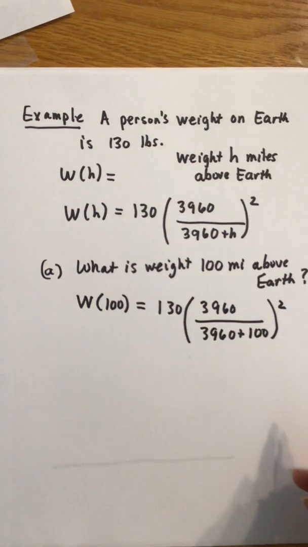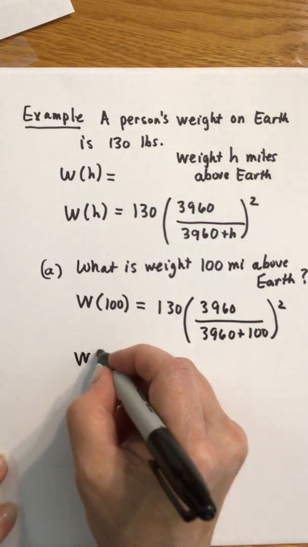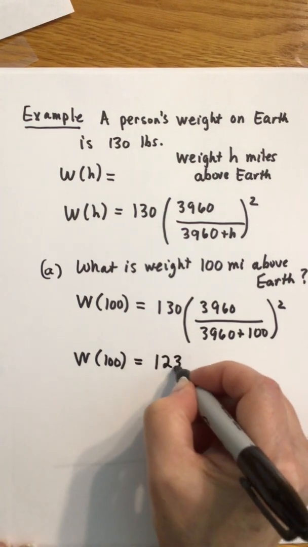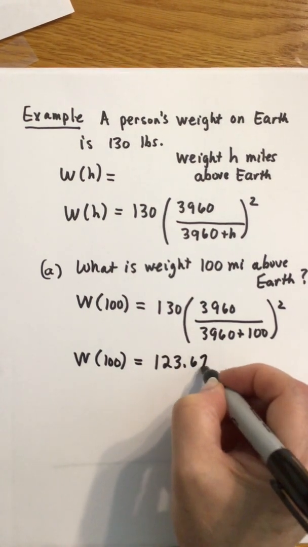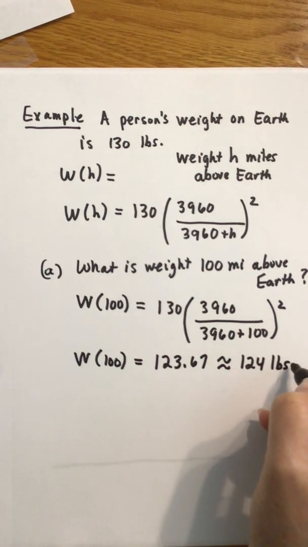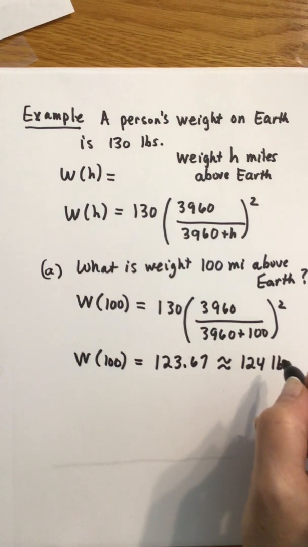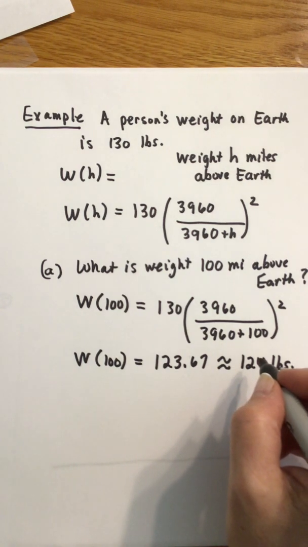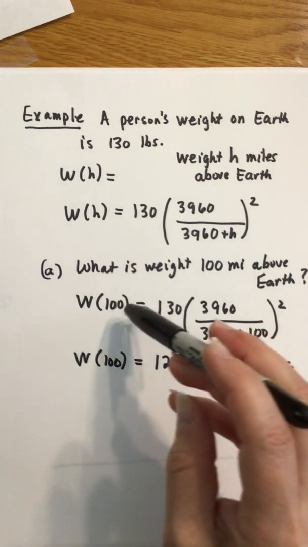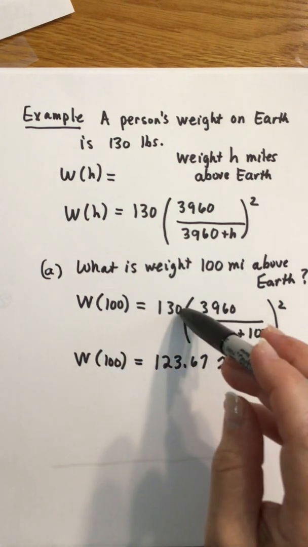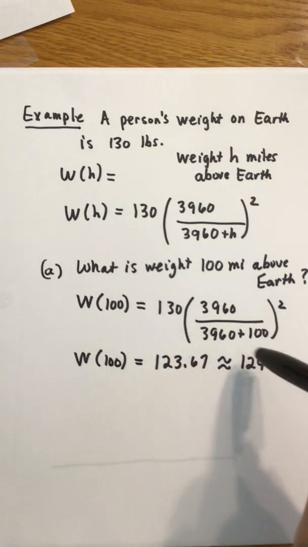So now we use our calculators, and we find out that the weight at 100 miles above Earth is going to be 123.67, which would be approximately 124 pounds. So we can see this function W is a function. It's acting on the 100, and we end up with 130 times this, and that gives us our weight.